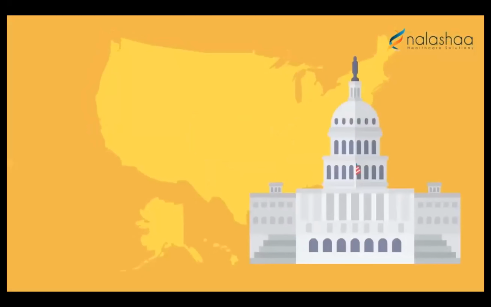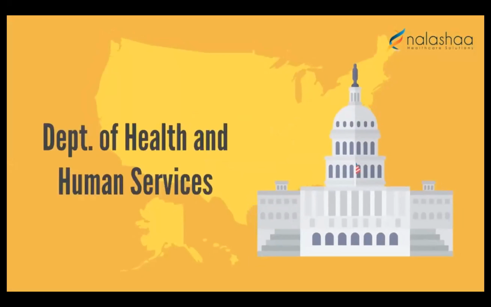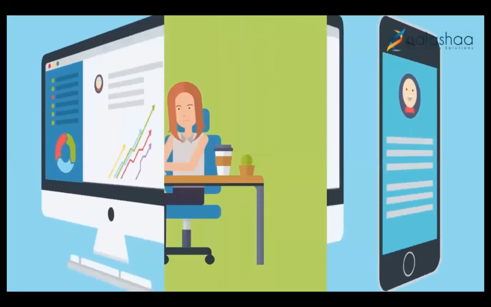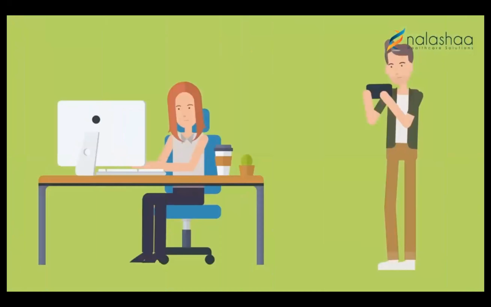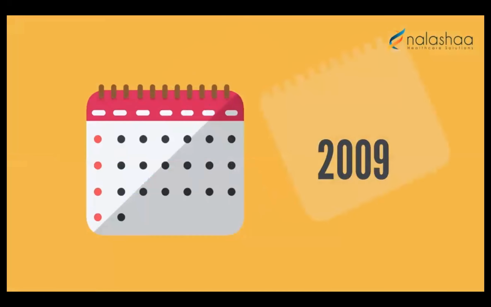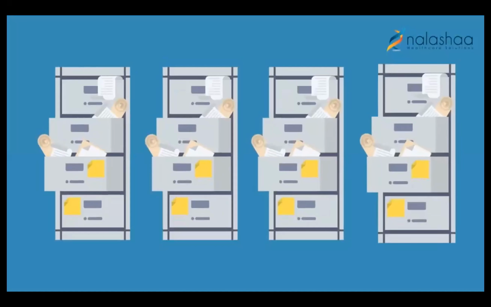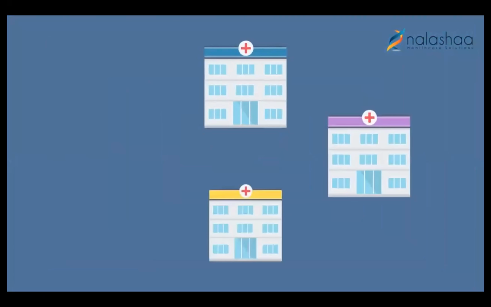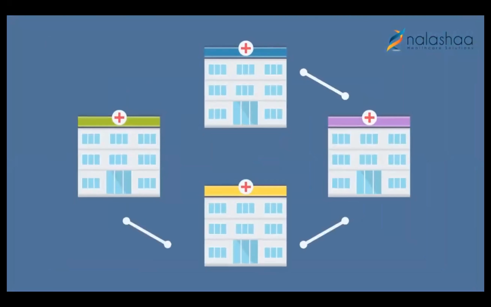The United States Department of Health and Human Services has been on a mission to empower patients with seamless access to their healthcare records since 2009. This was the year when EHR systems rendered paper-based healthcare records obsolete. The need for interoperability in healthcare technology as we know it today soon followed the introduction of EHR systems.